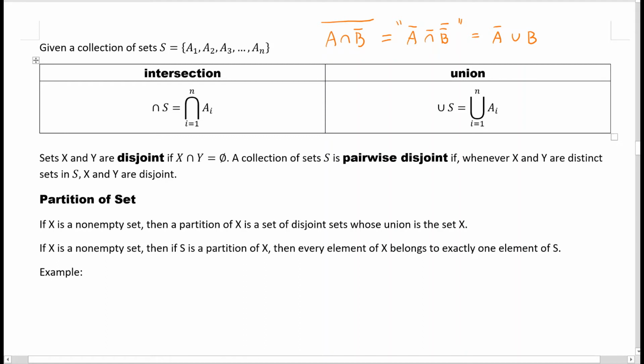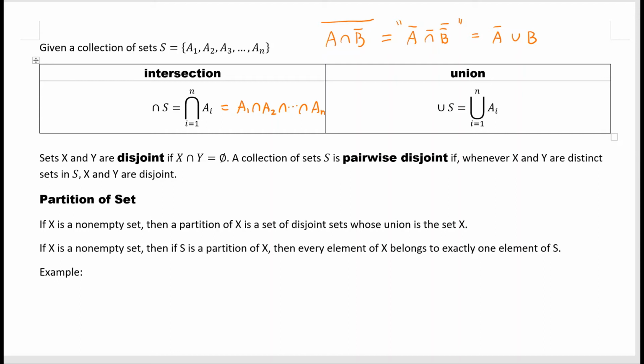Okay, next, given a collection of sets A1, A2, A3, ..., A sub n, the intersection of this collection of sets, we have the notation: the intersection with i goes from 1 to n of the A_i. So this means we have A1 intersect A2 intersect ... intersect A_n.